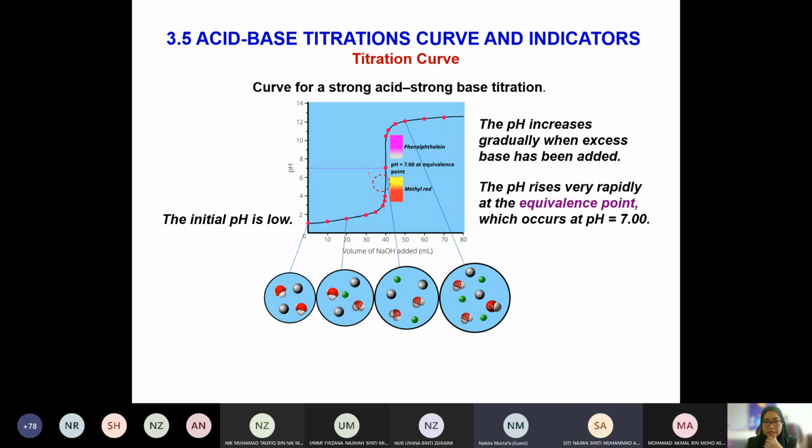It means that here, okay, there are no more points, see? There are no more dots, because from here to here is the critical point where it is about to reach the equivalent point. Any additional drop will cause the pH to rise rapidly. If we do the lab, students usually miss out pH equal to 7.